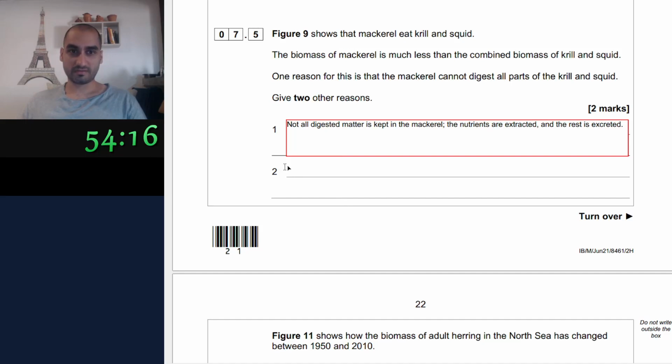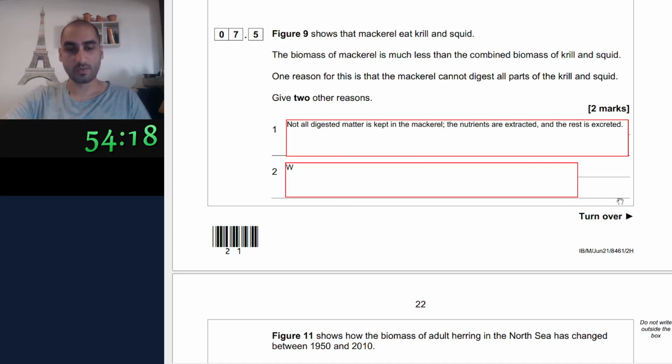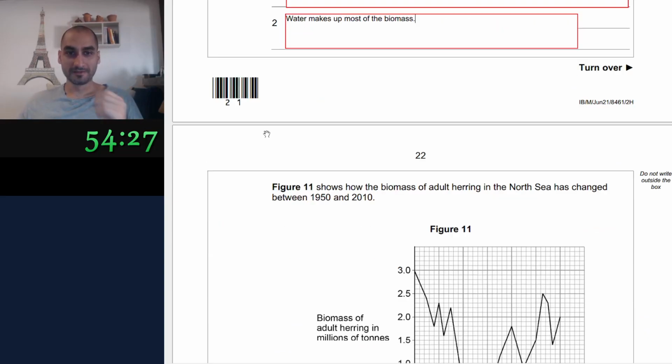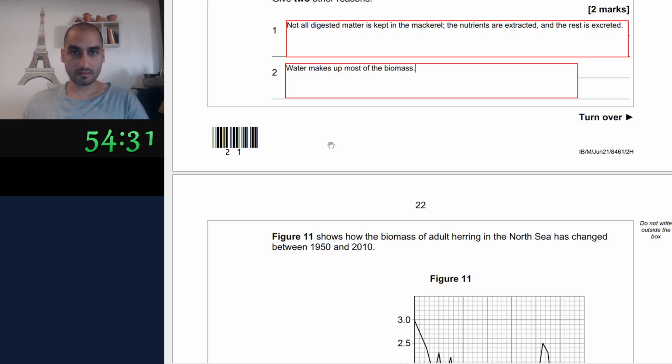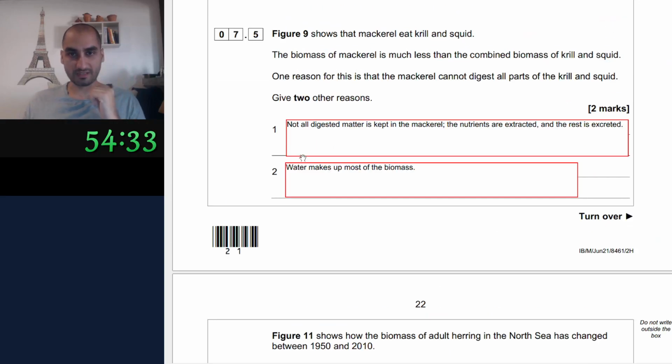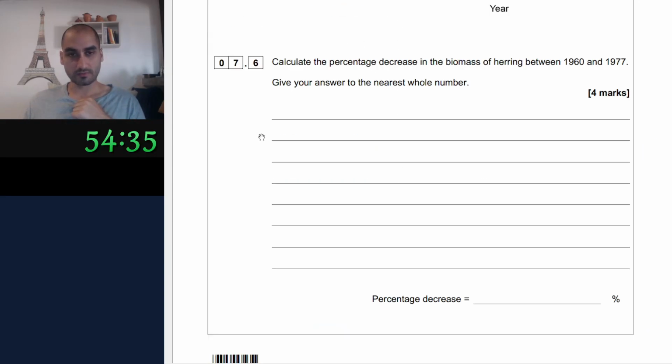Like, let's just say water makes up most of the biomass. Alright. No, but does biomass specifically mean without the water? I don't know.